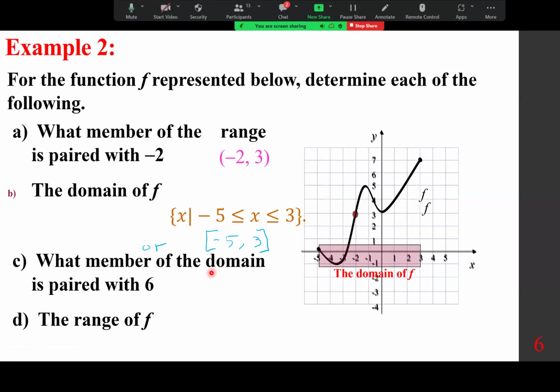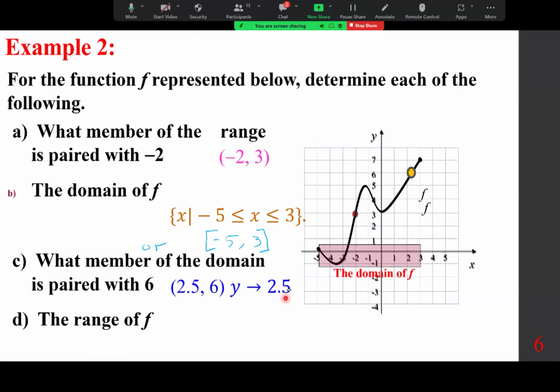What member of the domain is paired with the 6? So that means along the y-axis, you have to locate number 6. Along the y-axis, we locate number 6. And we find the point. And this point seems to correspond to roughly 2.5.